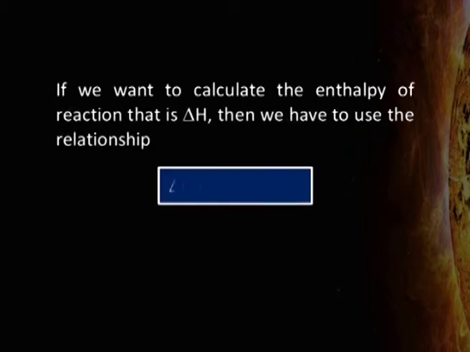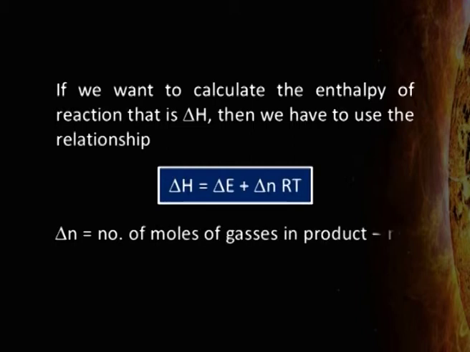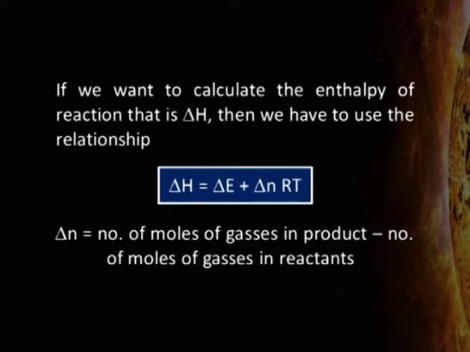As this heat of combustion is found at constant volume, it is equal to delta E. If we want to calculate the enthalpy of reaction, that is delta H, then we have to use the relationship delta H is equal to delta E plus delta n RT, where delta n is the change in number of moles of gases, that is the number of moles of gases in products minus the number of moles of gases in reactants.